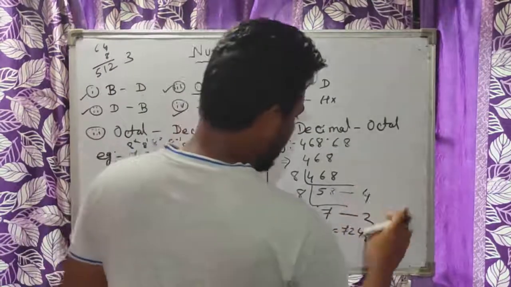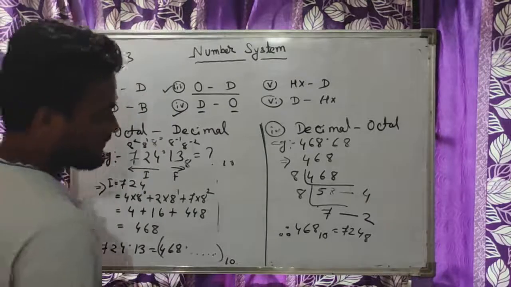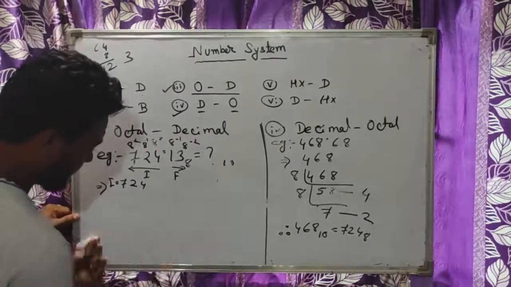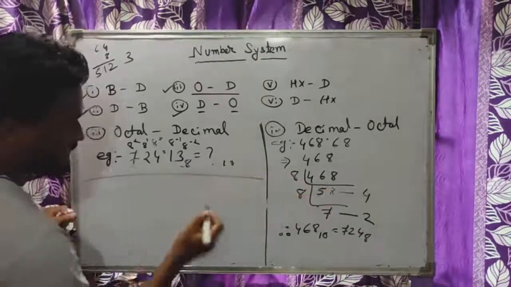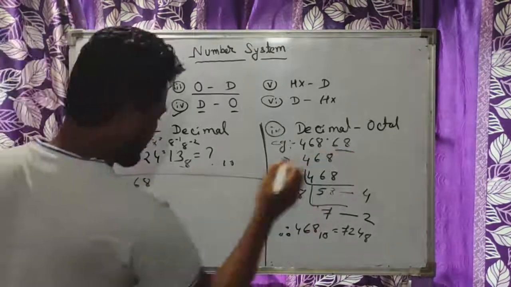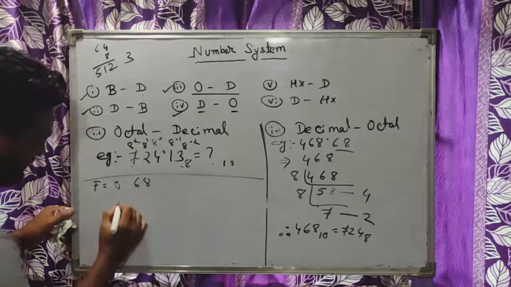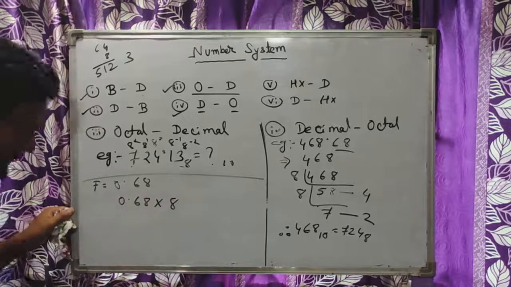Now let's see how we can solve this part. So the number here is 0.68. For this fraction part we are going to apply the multiplication method. That means 0.68, this time we are going to multiply it by 8.